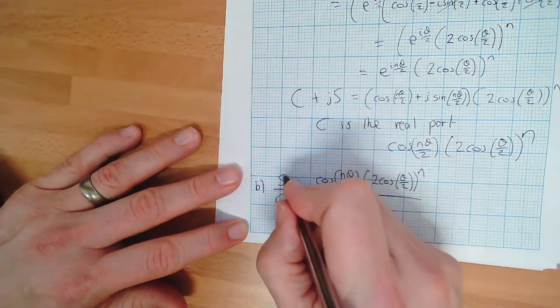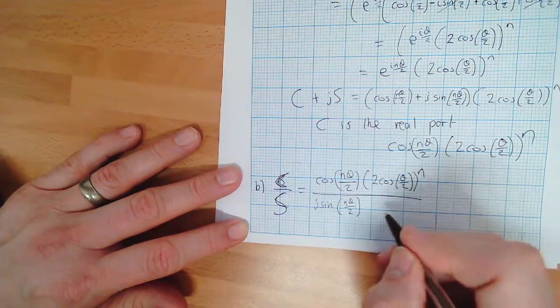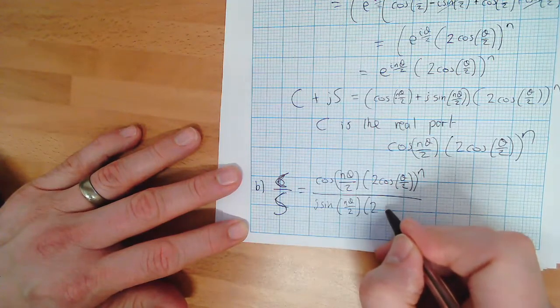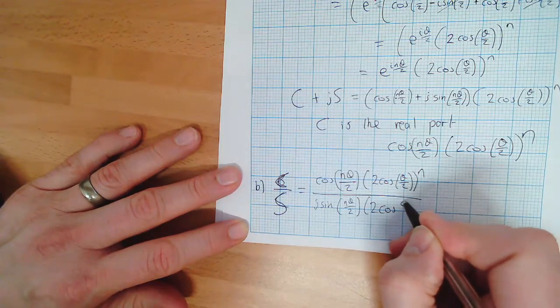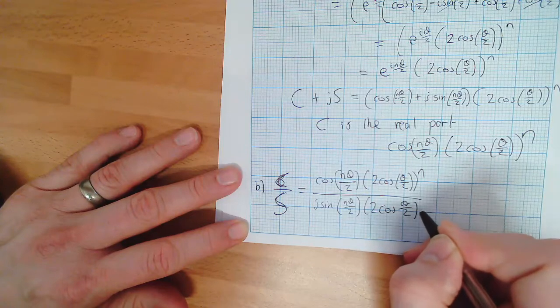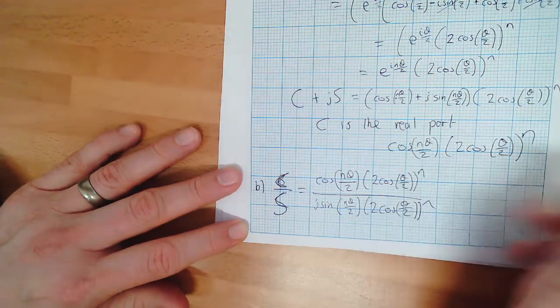Well, I've done that the wrong way around. That's C over S. I apologize. We'll flip that round in a minute. 2 cos theta over 2 to the n. Well, let's have a look.